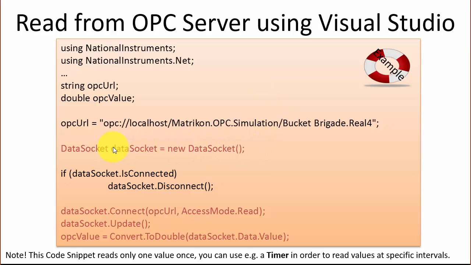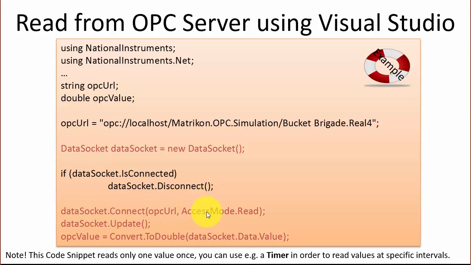new data socket object, and then next we just check if the connection to the OPC server is already there. If it's connected, then we just disconnect, and then here we connect to the server.